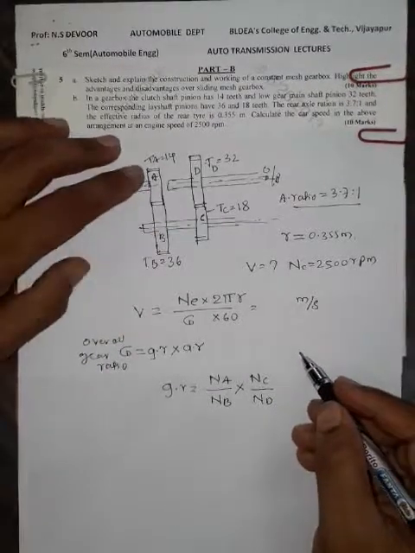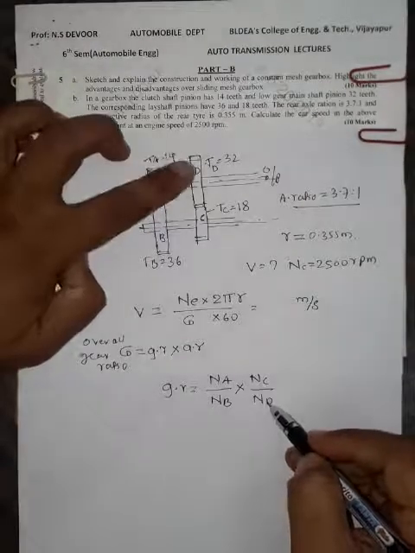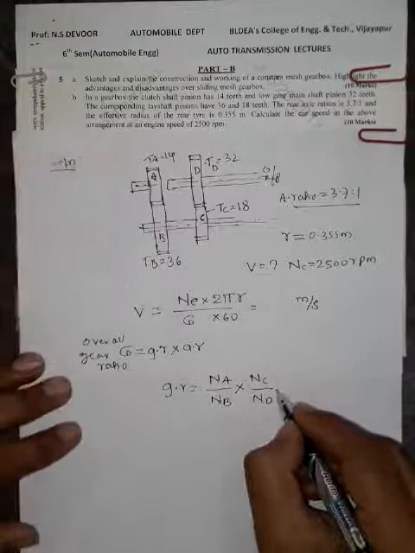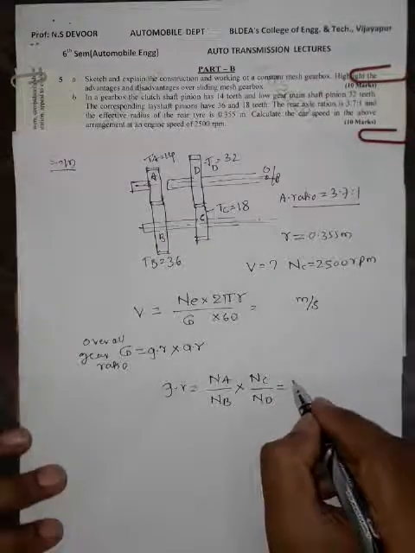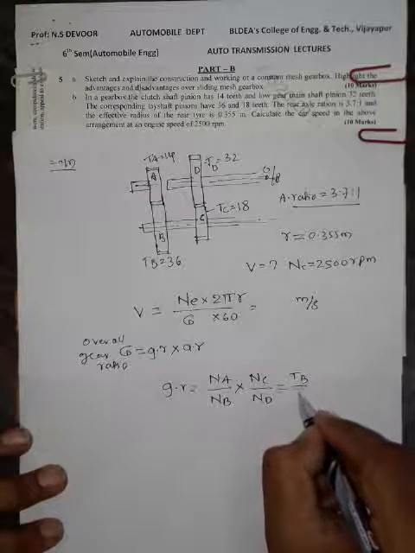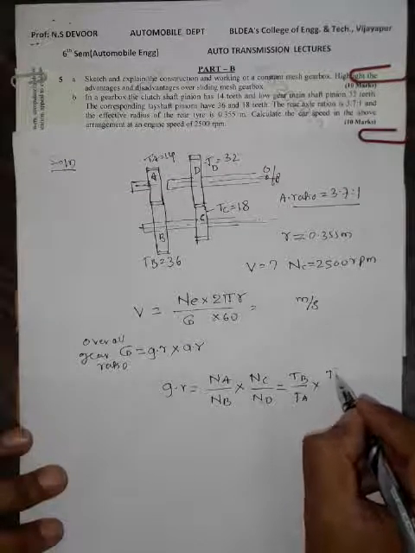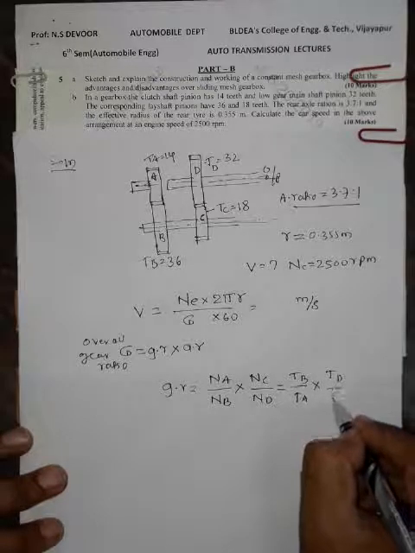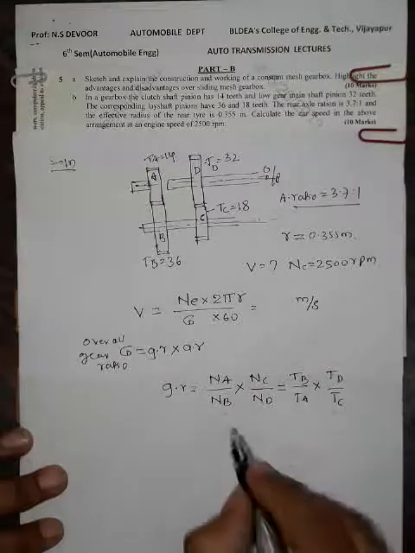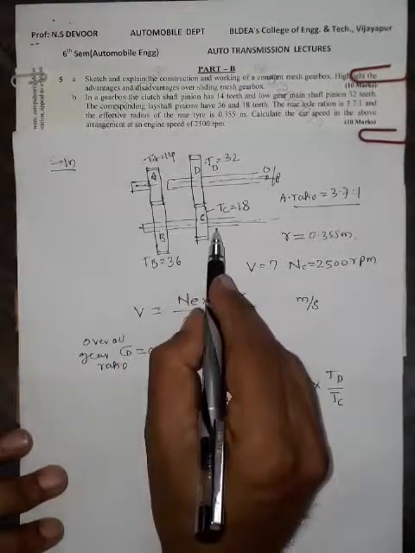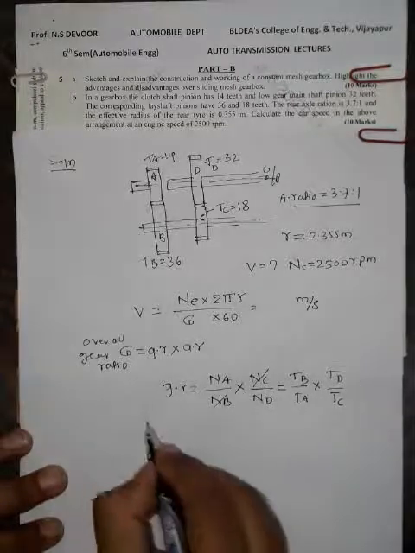Driver by driven, then once again driver by driven. This is equal to TB by TA into TD by TC. But B and C are permanently fixed to the lay shaft, so this cancels out.